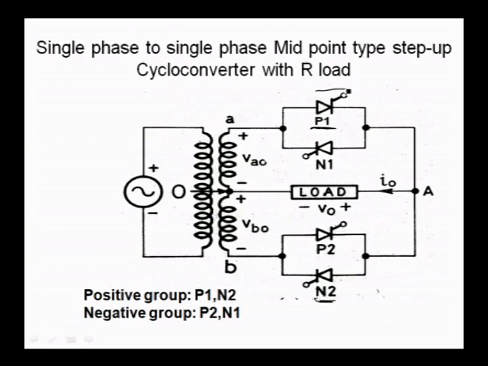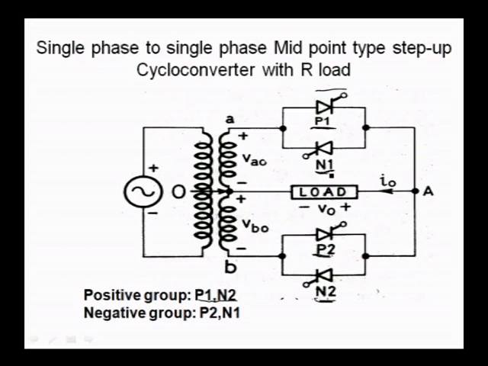The negative group, which becomes forward biased during the negative half cycle, is P2 and N1, one in this group and one in that one.